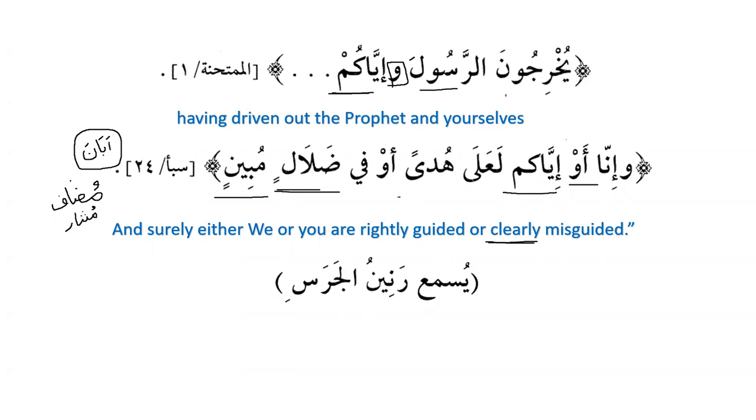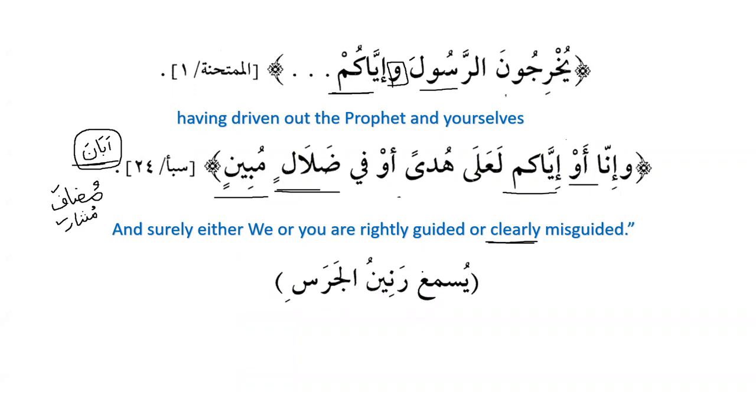Mudafun, mubanun, they are all ismul maf'ul. And mubinun, mudifun, mushirun, they will be ismul fa'il. This is from number 2. You need to practice a little bit more. This is very common. It has occurred a lot in the Quran, and inshallah, I'm sure that you will practice it more.